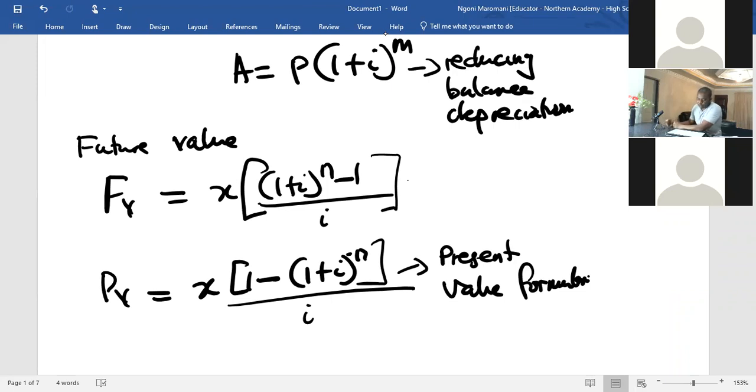Then the present value is used when you are borrowing money. So whenever you are taking a loan, we use the present value formula. Loan probably to buy a house, a car, or to start a business. And one other thing you must also know: the loan to buy a house is also known as a bond.